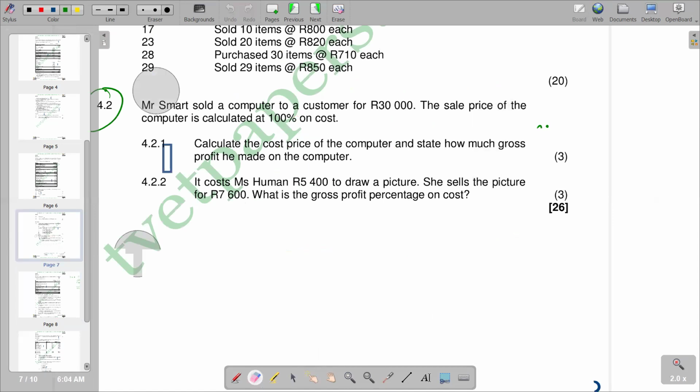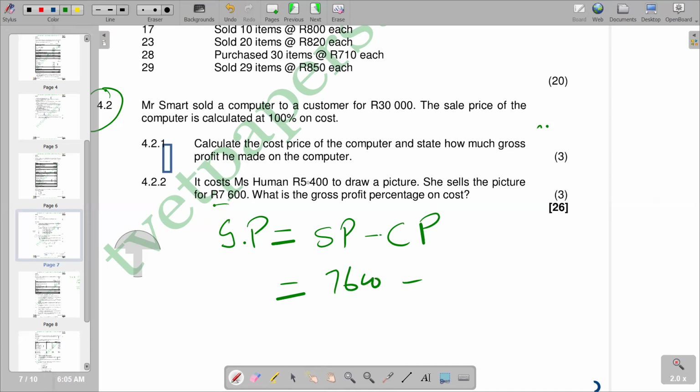According to the information given, remember, gross profit is equal to selling price minus the cost price. So this is how we find our gross profit. Our selling price is given as 7,600, and we subtract our cost price, which is 5,400. Let's calculate it like that. The figure we get is 2,200. So this is our gross profit.